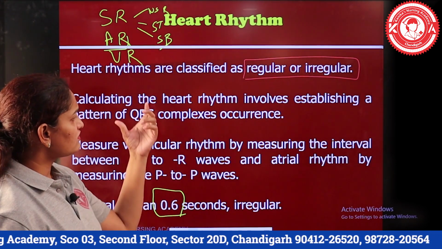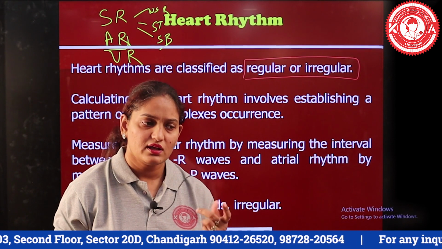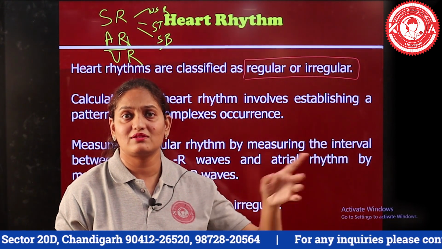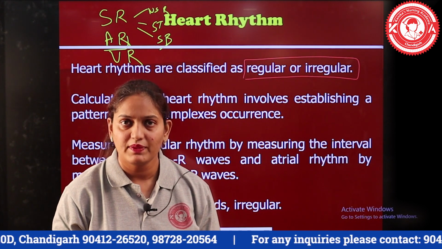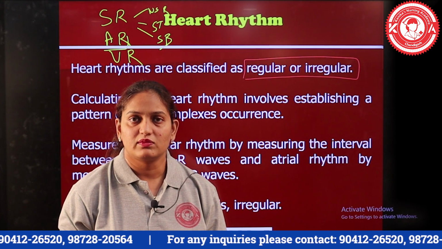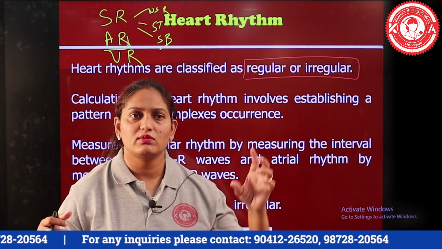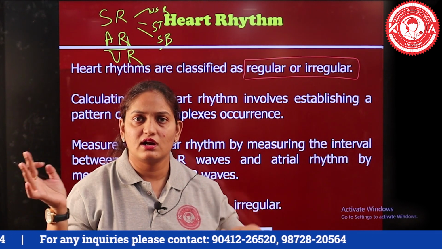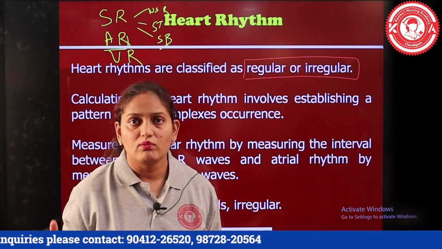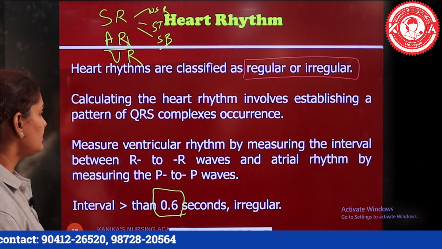Irregular rhythms are basically found in atrial dysrhythmias, mainly atrial fibrillation, and ventricular fibrillation in case of ventricular dysrhythmia. Regular rhythm is found in normal sinus rhythm, sinus tachycardia, sinus bradycardia, and even atrial flutter will have a regular rhythm on an ECG strip.